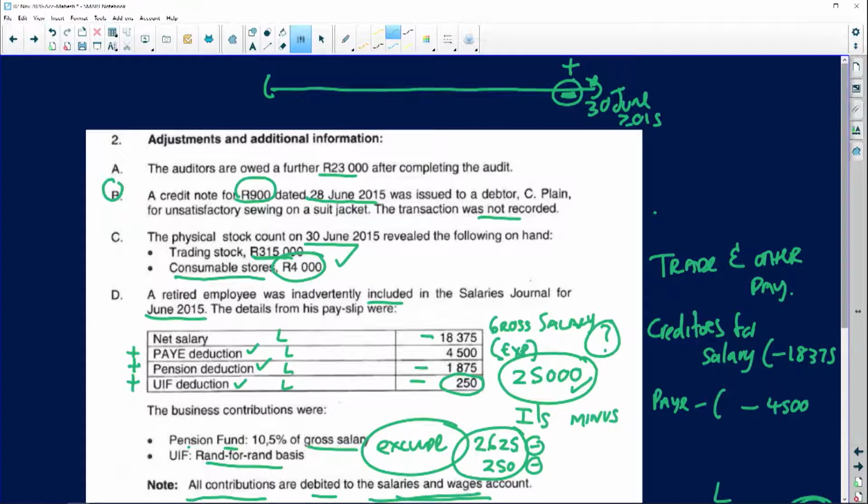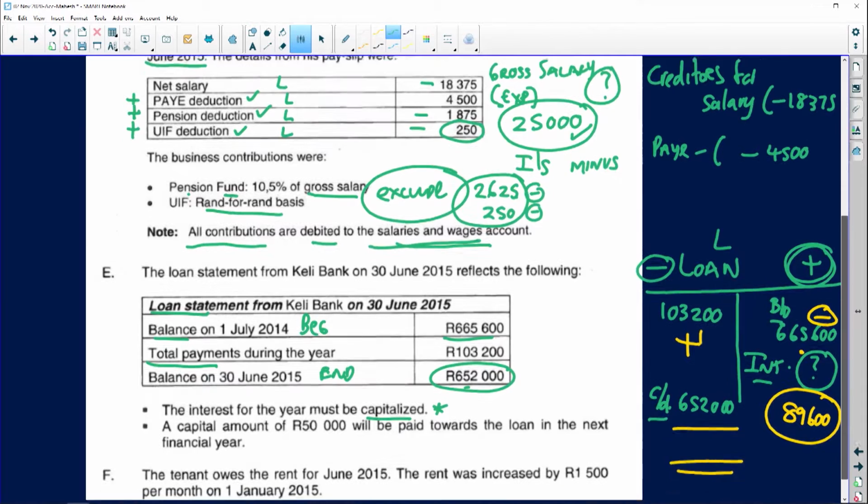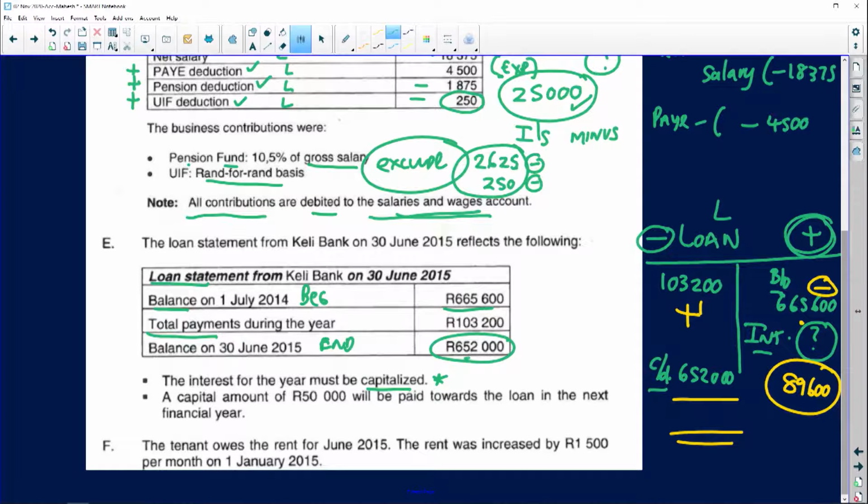The next part to this adjustment, even though it doesn't affect the income statement, I do want to talk about it. So let's look at the second part. A capital amount of 50,000 will be paid towards the loan in the next financial year. Now remember guys, here they are referring to your non-current liability.